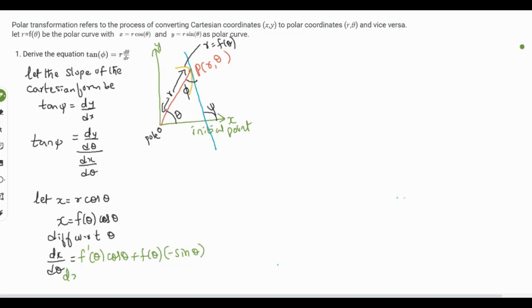Certainly dx by d theta will be f dash of theta cos theta, and this will be plus into minus, will be minus f theta sin theta.